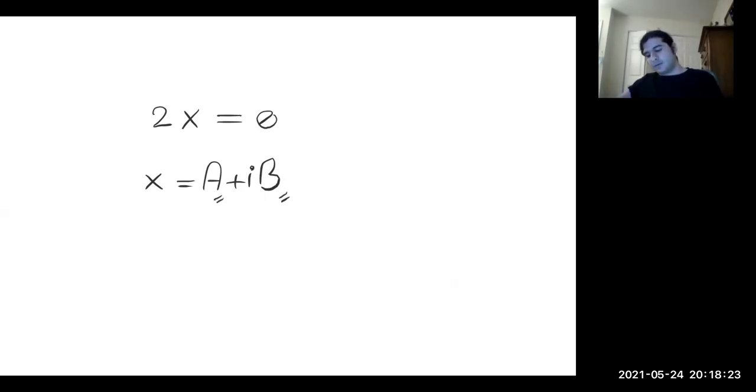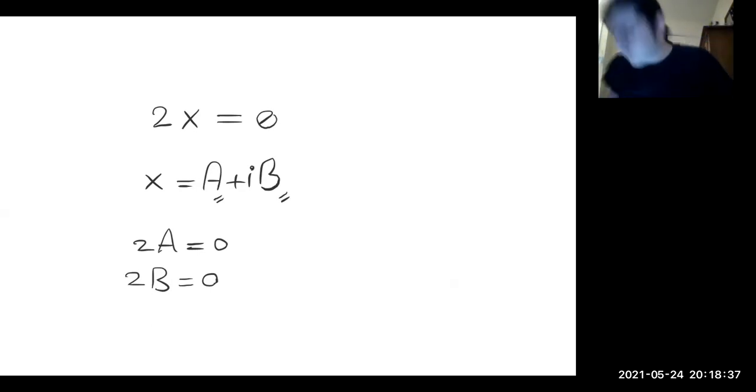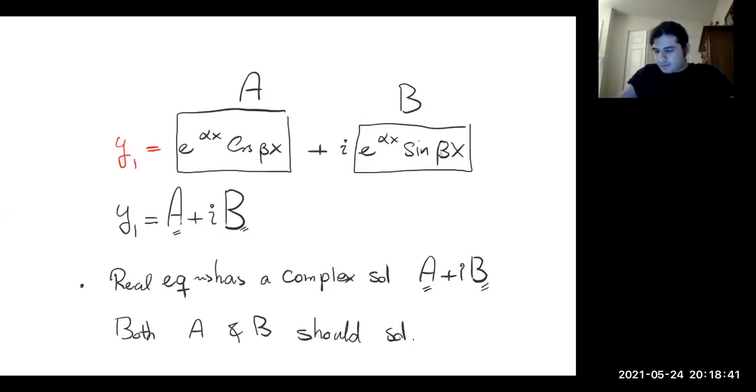In other words, 2A should be equal to 0 and 2B should be equal to 0. Both parts should satisfy the equation. That's something which always holds. Is that clear? Well, anyway, let's go back to that. That holds for linear things, linear equations.